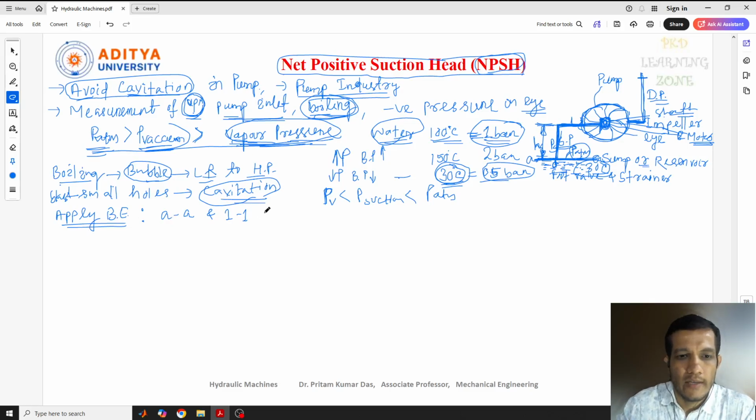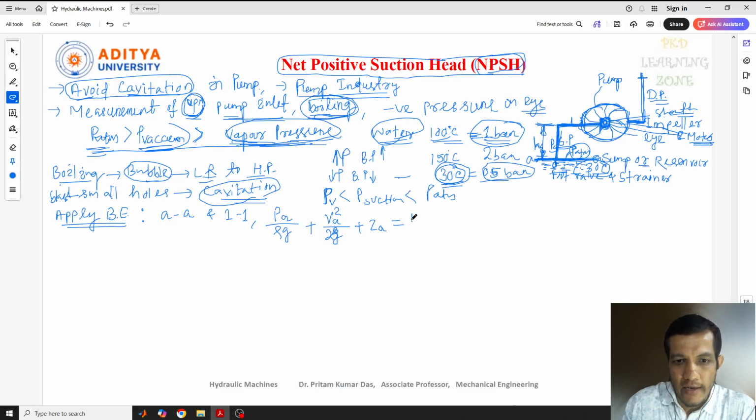As per Bernoulli's equation, we can write PA by rho g, the pressure head, plus VA square by 2g, the velocity head, plus ZA. This is Bernoulli's equation at this level. It is equal to the total energy at the other section.